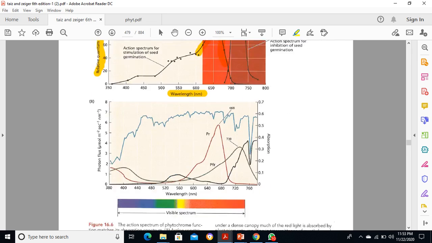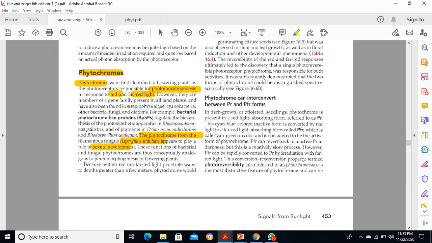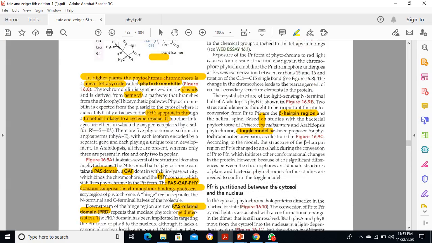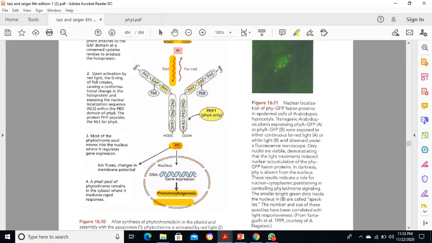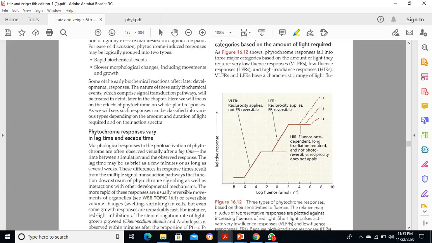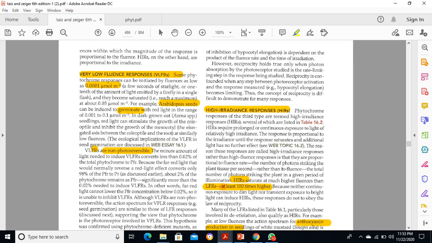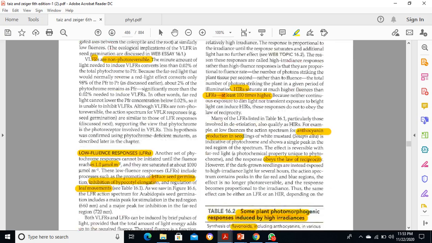So based on fluorescence and irradiance only, the phytochrome mediated responses are classified into three types: VLFR, LFR and high irradiance response. Very low fluorescence response is 0.001 micromole. An example is Arabidopsis seed germination.